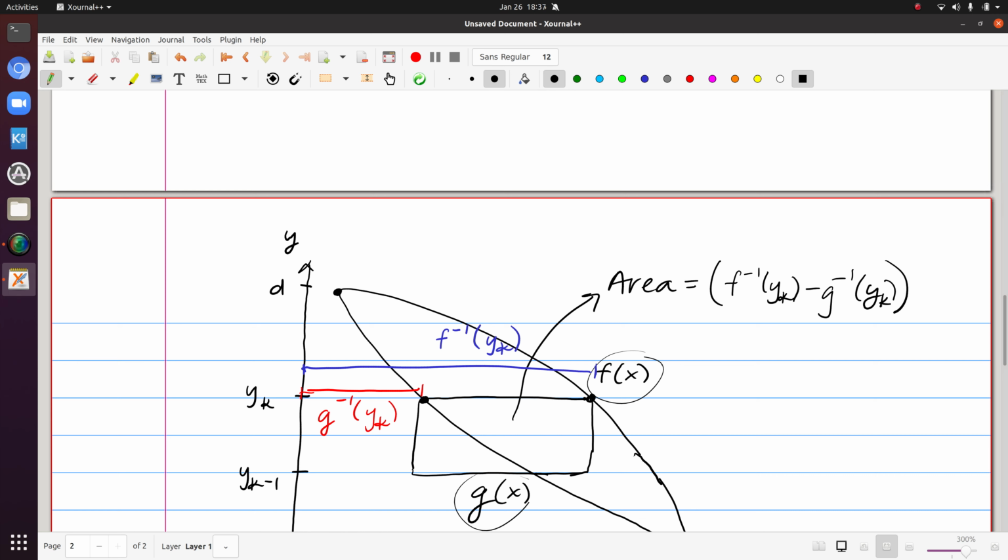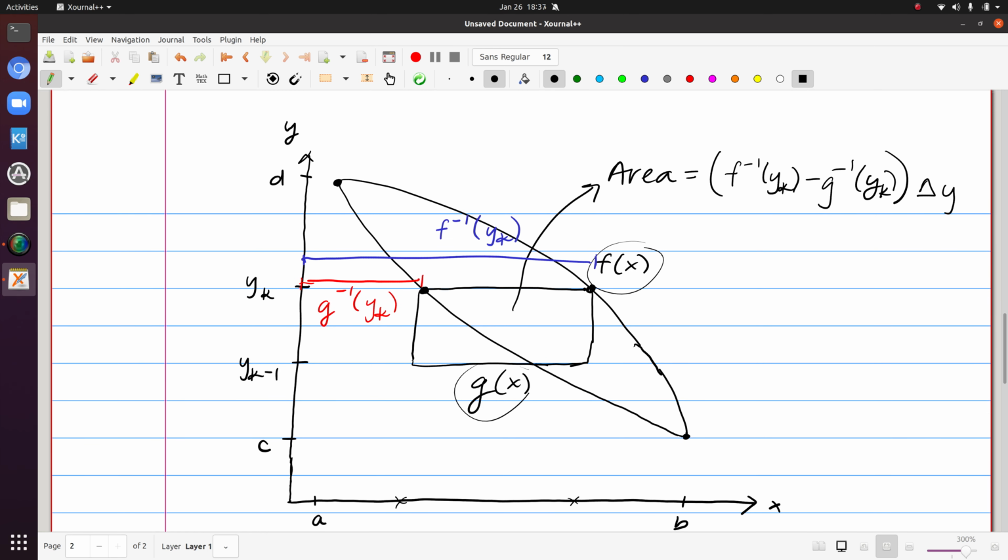And the other dimension is what we're calling delta y. Notice that, arbitrarily, I plugged in y sub k instead of y sub k minus 1. So in comparison to my vertical slicing above, I just made a different choice in terms of my scheme. It doesn't matter. I'm just talking about roughly approximating this. But when we send the number of rectangles to infinity, it wouldn't matter which choice I had made there.